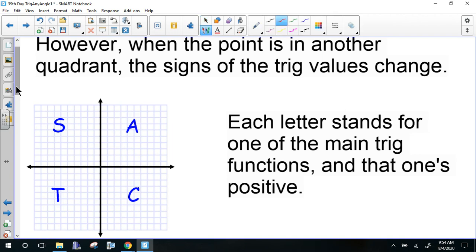So here's how we remember it. All students take calculus. All of them are positive in quadrant 1. Sine and cosecant are positive in quadrant 2.